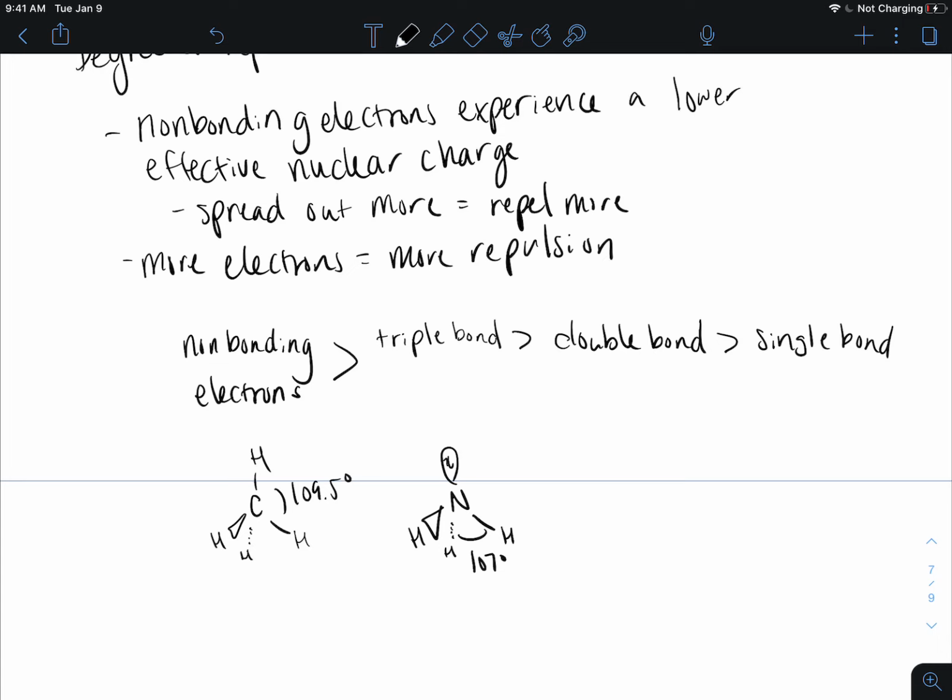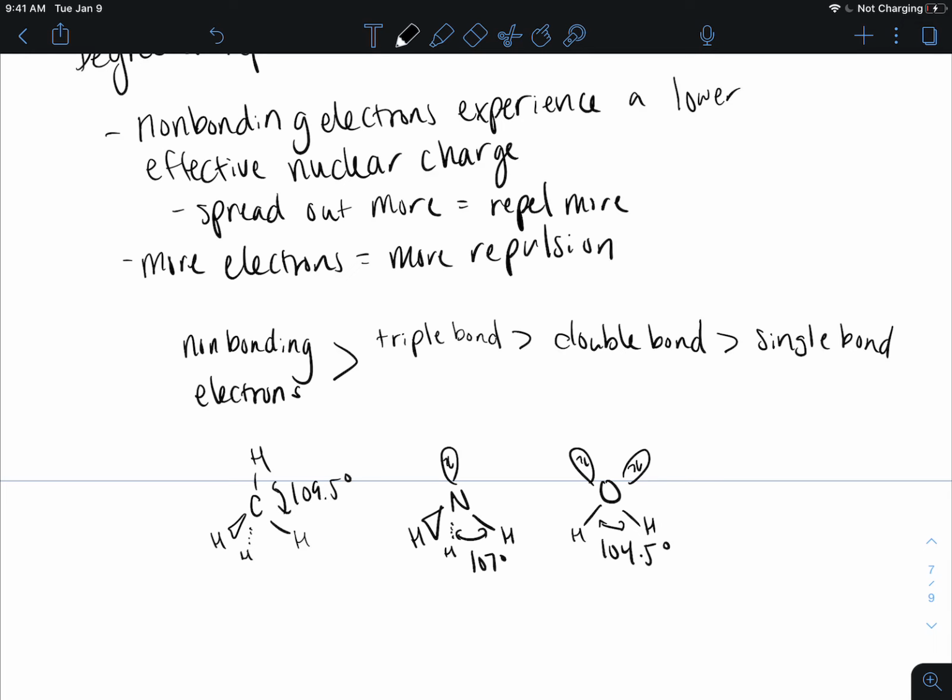And then if we look at water, we have bond angles of 104.5. So more electrons, more repulsion.